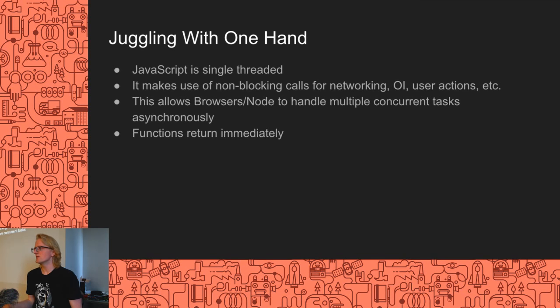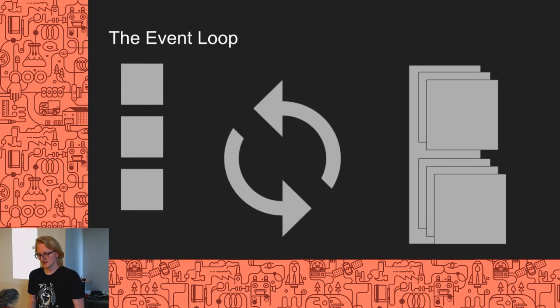If you're doing Node, you might have calls going out to a database. The actual JavaScript is only dealing with one of them at a time. But since it can have the balls in the air and not be dealing with them, it can have multiple things going on concurrently.